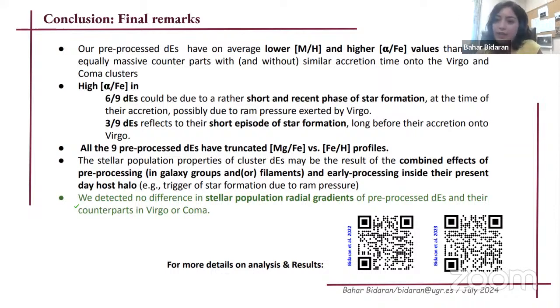Also, it was the simulation suggesting it was part of a galaxy group. So we didn't go into detail to see what was the cause of the quenching. It could be starvation, it could be ram pressure stripping in a different environment. It could be many things.